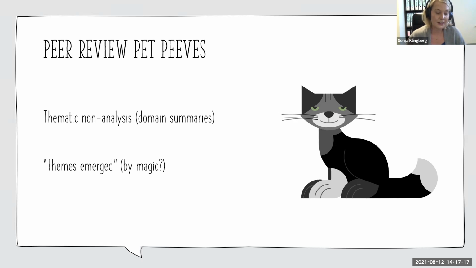And this has been critiqued by Brown and Clark and others. But my main response here is that analysis is not magic, and therefore nothing appears or emerges through magic. So the researchers doing the analysis can, for example, develop themes, or they can generate themes, but not discover, because themes are not hiding in the data waiting to be discovered or waiting to emerge.